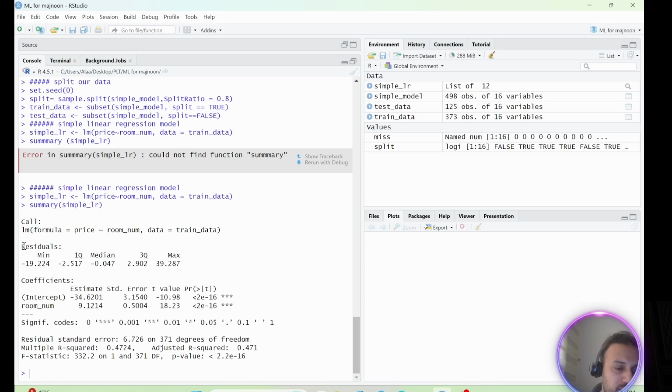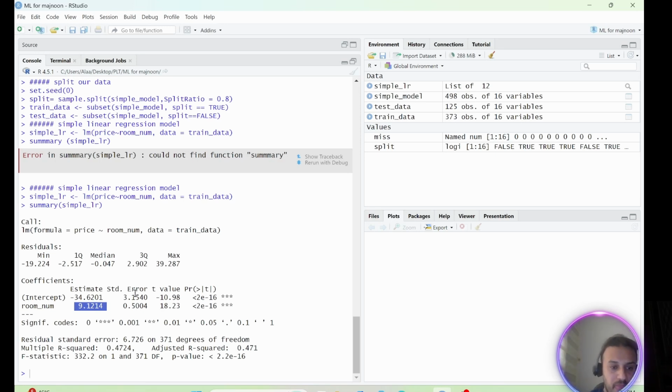We talked about what the residual is in more detail in the previous video, and this is our coefficient. This is our beta 0, and this is our beta 1. So every 1 unit change in the room number can change the price of the houses by 9.1214 units.